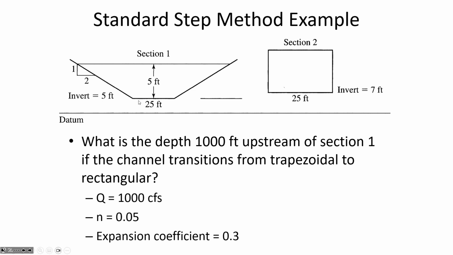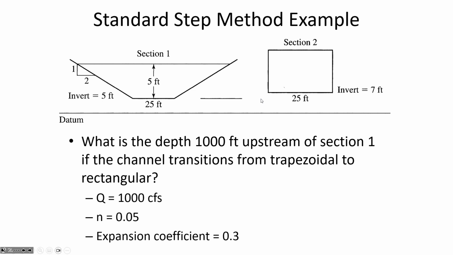The channel's 25 feet wide with a 2-to-1 side slope. Upstream, 1,000 feet, this is transitioning to a rectangular channel. So it still has a bottom width of 25 feet, but basically what's happening is that these side slopes are gradually folding in. So the side slopes, as you move upstream, are coming upward until it's vertical.